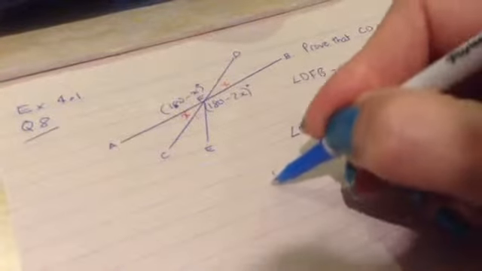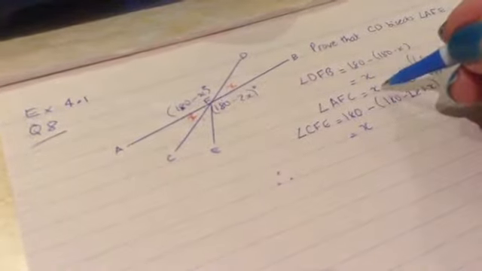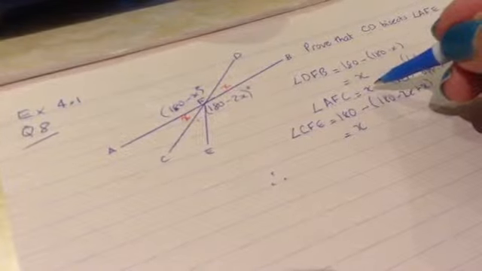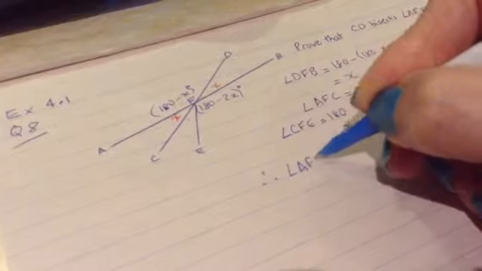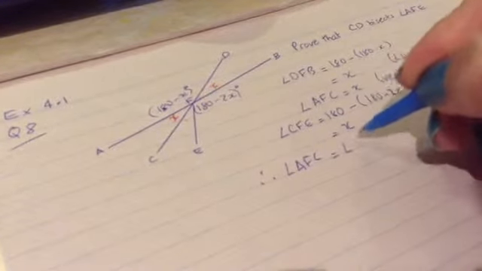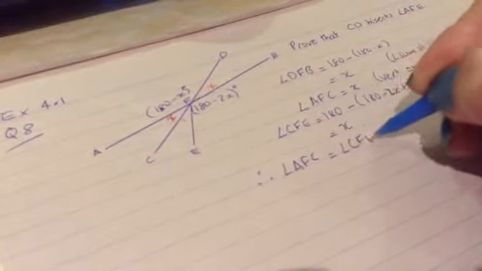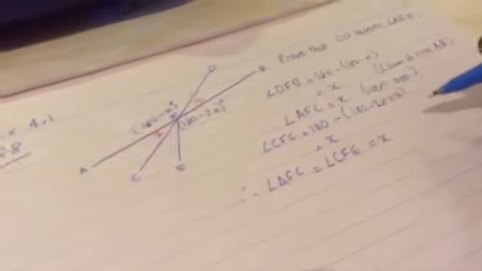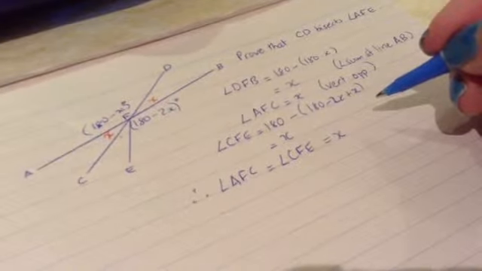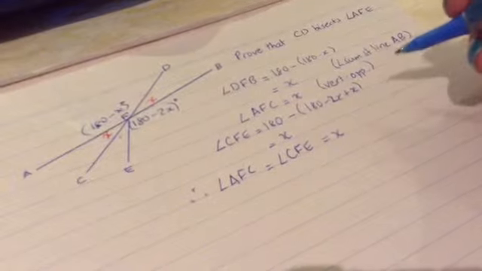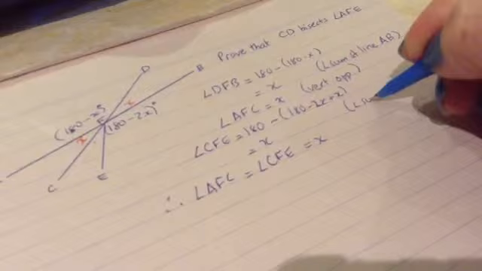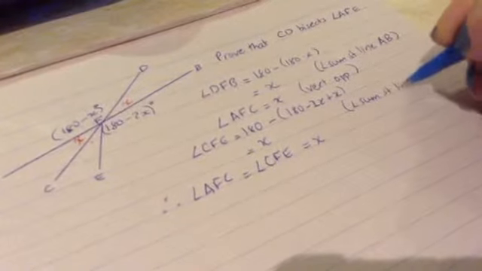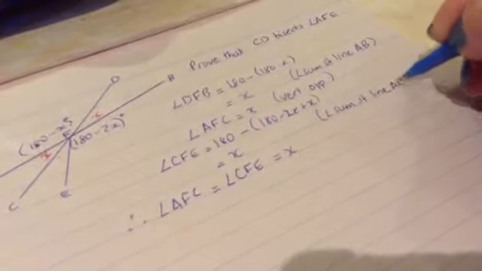And therefore, since that's equal to x and that's equal to x, we have to state that angle AFC is equal to angle CFE, which is equal to x. And by the way, we should have stated here angle sum of a straight line, AB again.